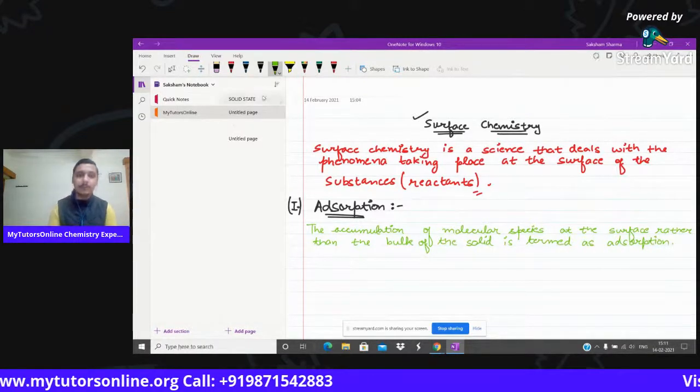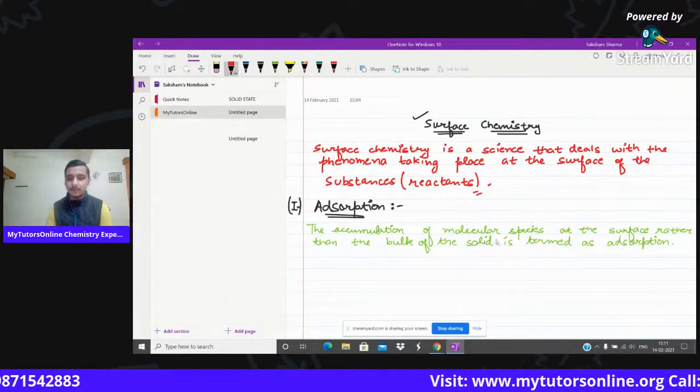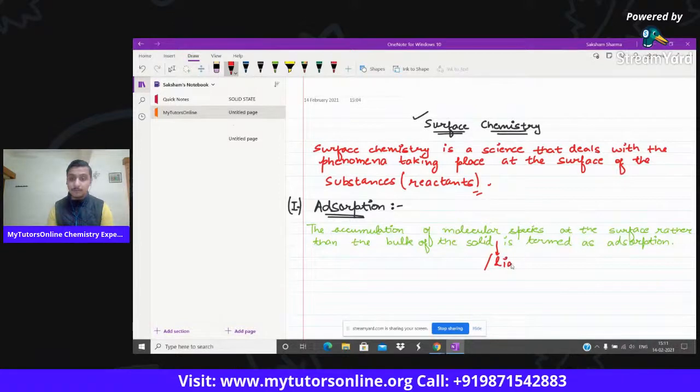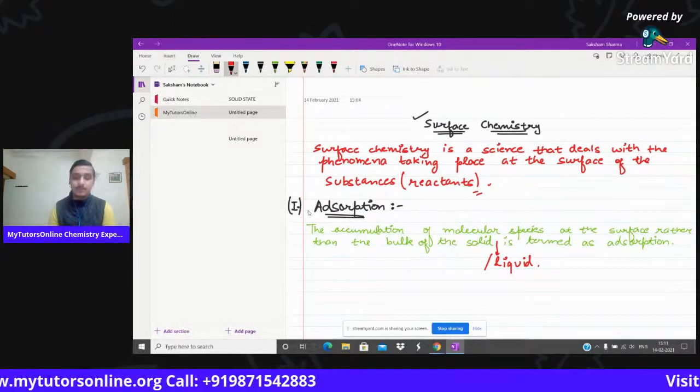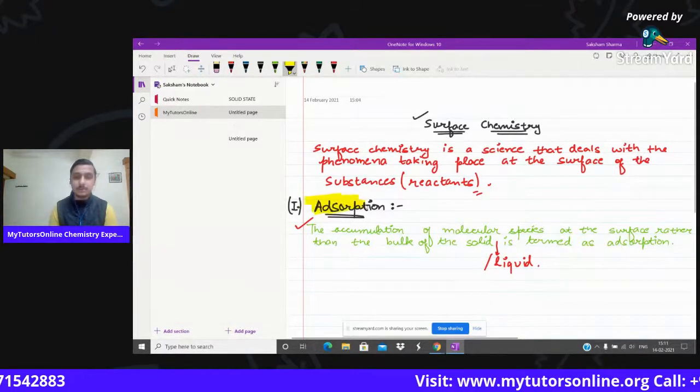One very important thing, we also write it for solid/liquid. Adsorption can be found in liquids also. This is the bookish definition of adsorption.